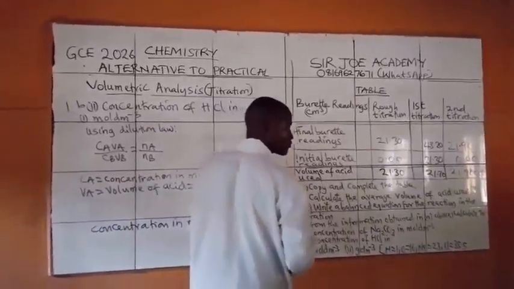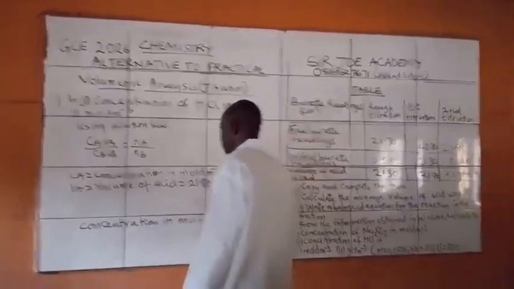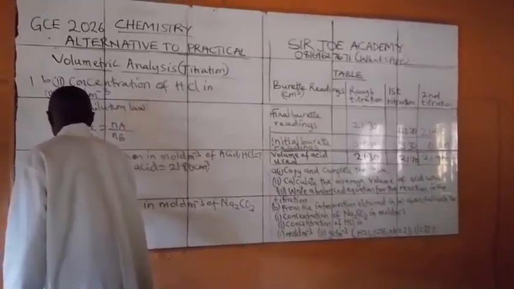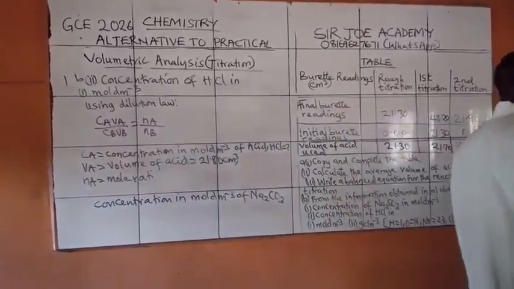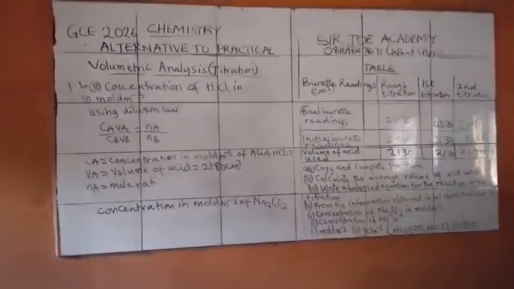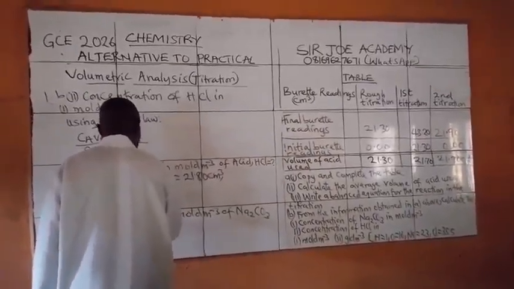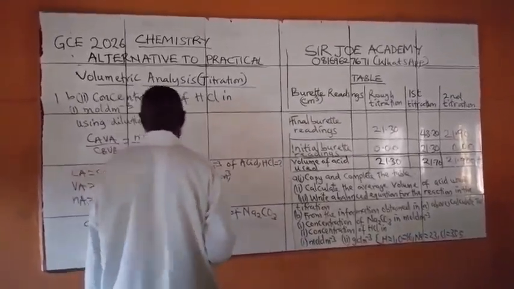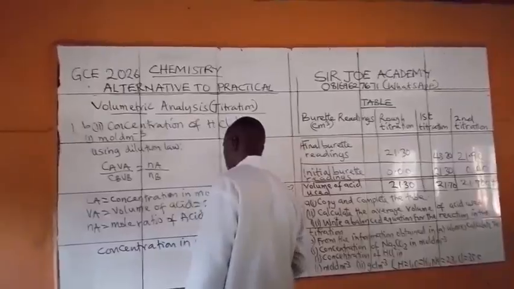Then NA is the mole ratio of acid, which is equal to 2.